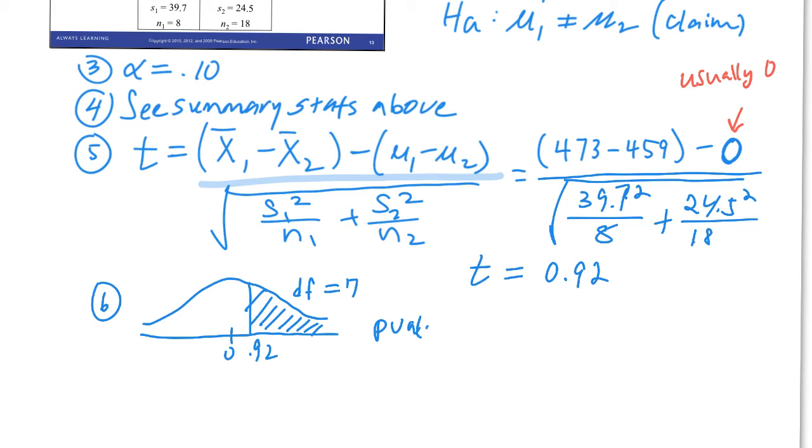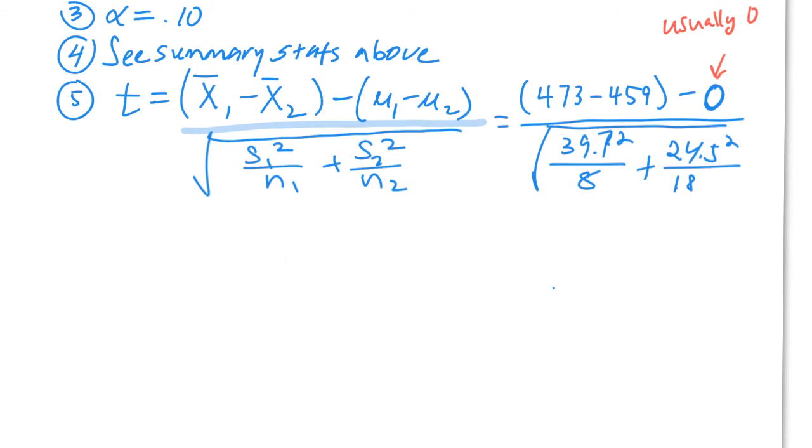So my p-value is going to be 2 TCDF 0.92, 10,000, 7 degrees of freedom. Okay, so pause for a second and calculate that. I'll be right back.